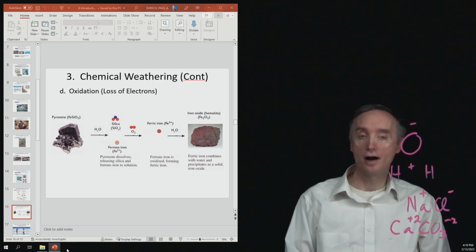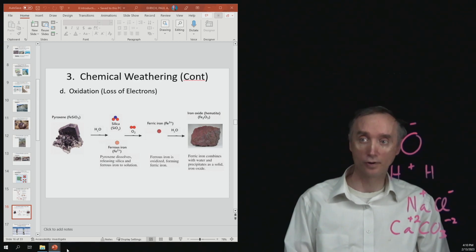Now the iron can mix with oxygen in the air or in water, and then it becomes ferric iron, which then transforms the pyroxene into hematite. You notice that this hematite is the color red because it has been rusted. It has reacted with the oxygen to make rust. So again, that's another example of a chemical reaction.